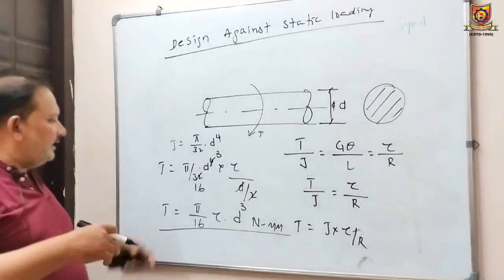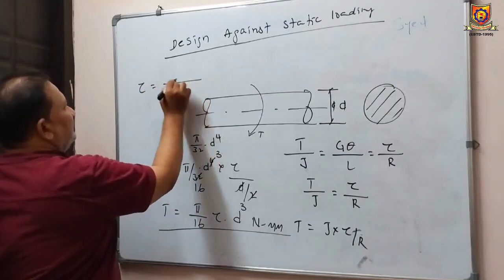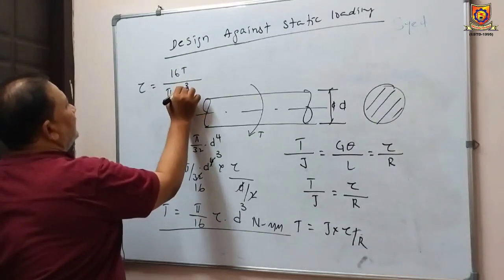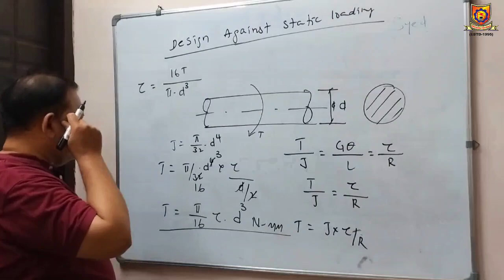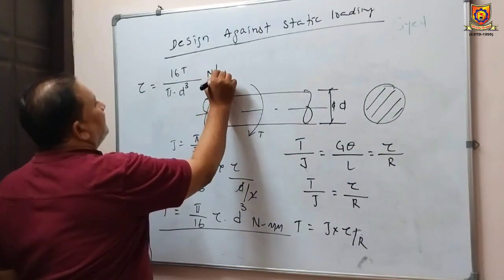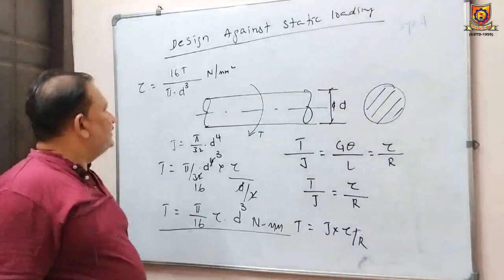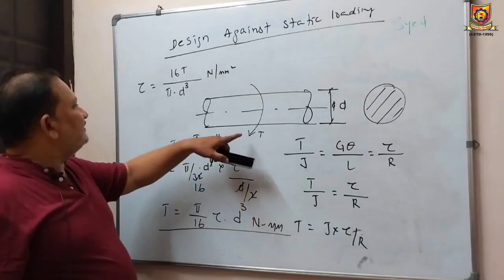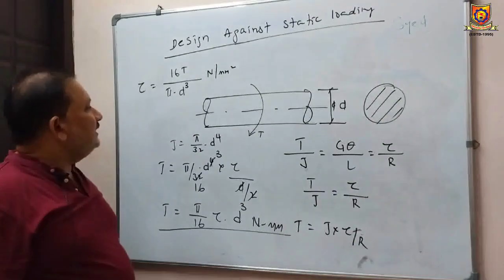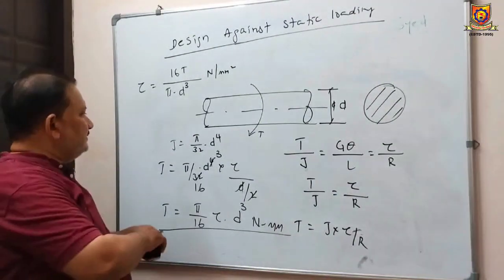From this you can deduce the expression for shear stress, that is 16T by pi D cubed, in Newton per mm square. So because of this turning moment, shear stress is going to be induced within the member. Understood?